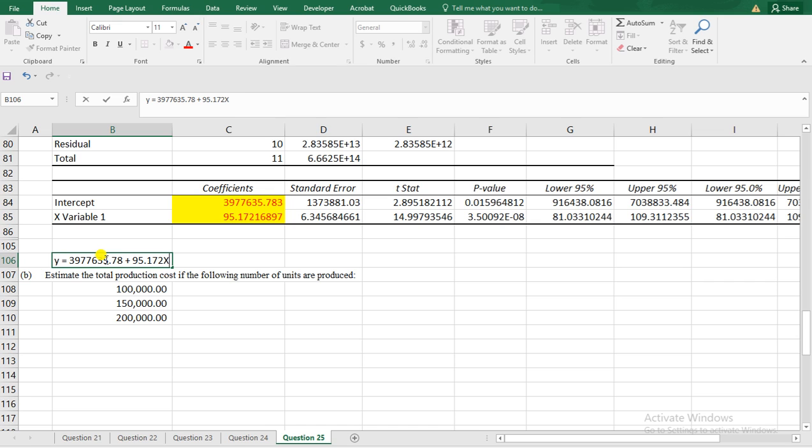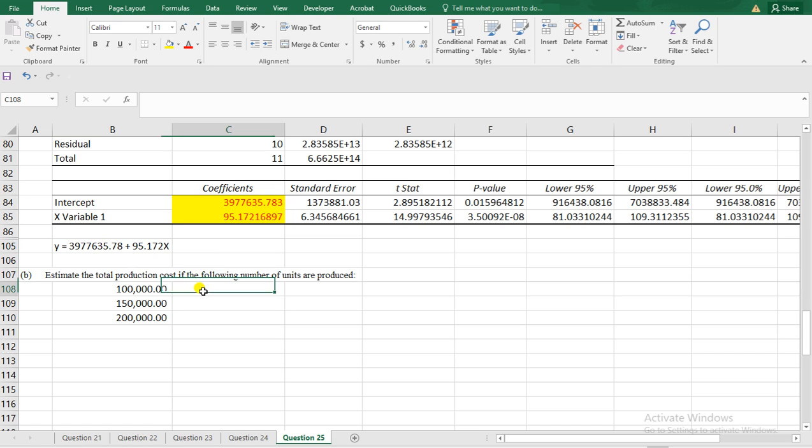Recall, this is our linear function, or predictor equation, that we have determined.